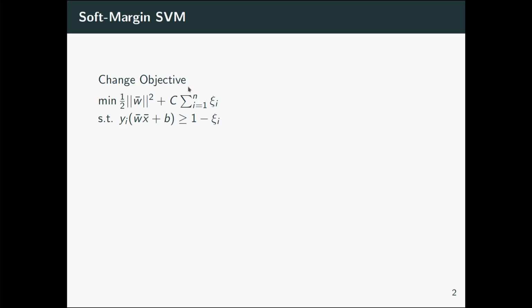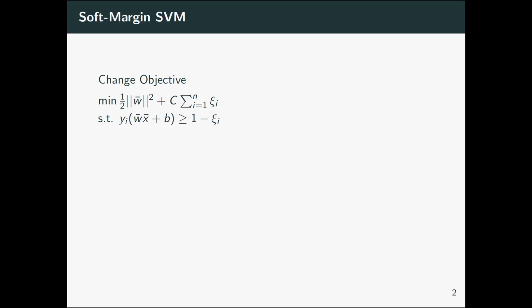And now we are putting a penalty proportionate to the amount by which this point is not obeying the margin, multiplied with the constant c, which you can tune. You change the objective, and you also change the constraints now, so that yi times (w xi plus b) is greater than or equal to 1 minus psi i. I would request you to pause the video for a minute and think about why this constraint makes sense.